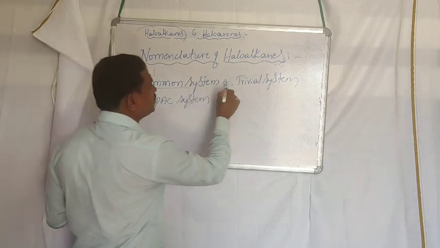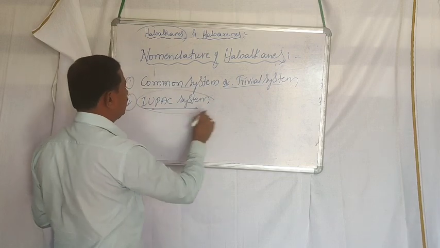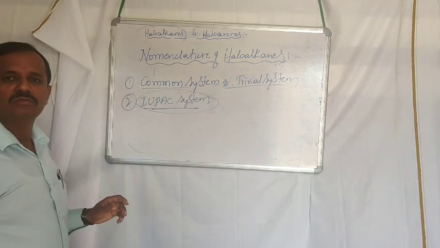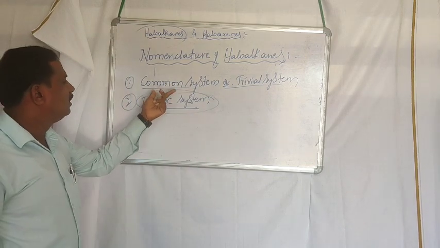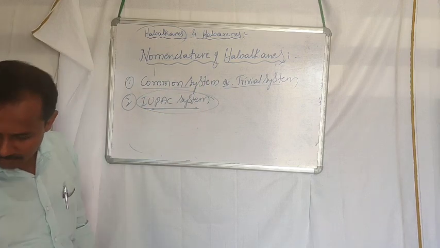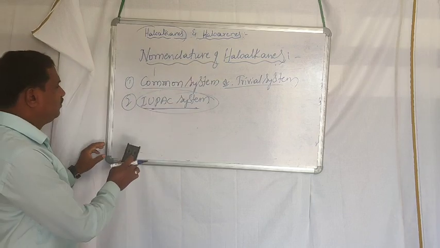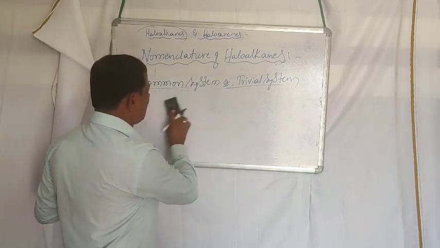Of these two systems, the IUPAC system is very important. We'll discuss the common system as well as the IUPAC system of naming of these haloalkanes. First, we'll discuss the common system.